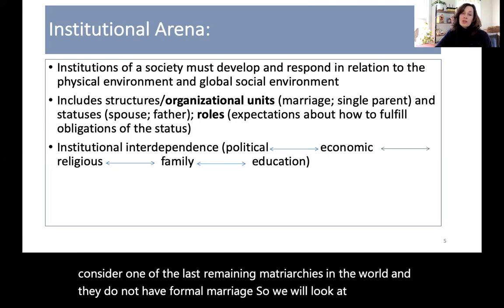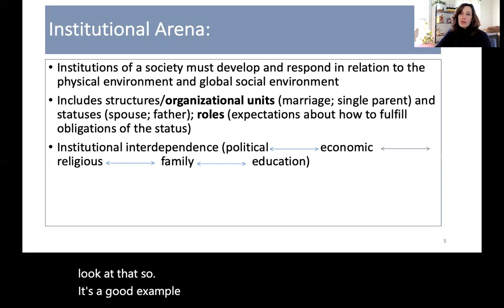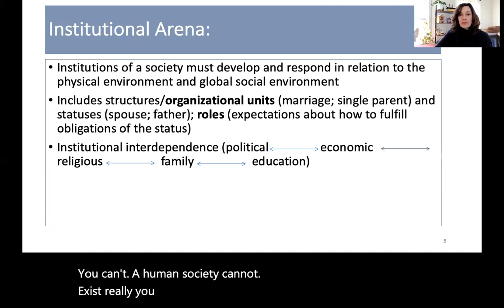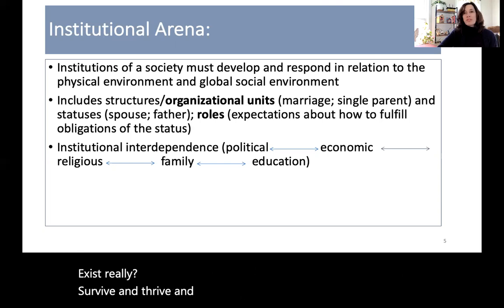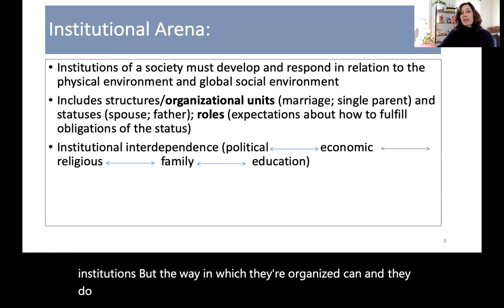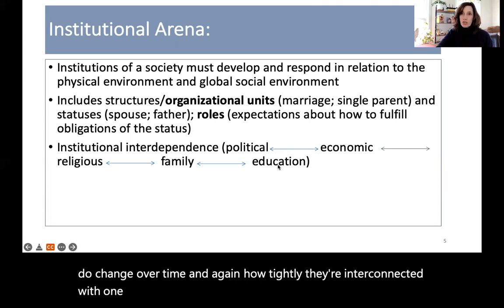It's a good example, though, because what we argue is that a human society cannot really survive or thrive in the absence of one of these institutions. But the way in which they're organized can, and does, change over time. And again, how tightly they're interconnected with one another also changes.